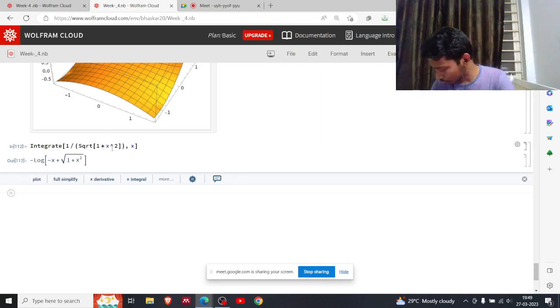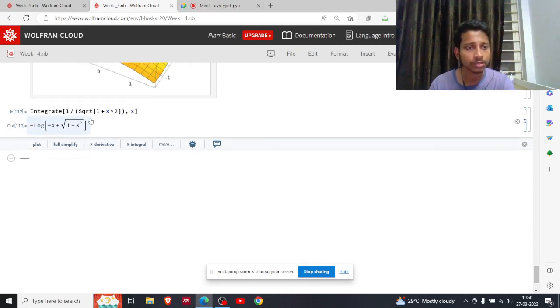Yeah, so this is the integration of 1 by square root of 1 plus x square.